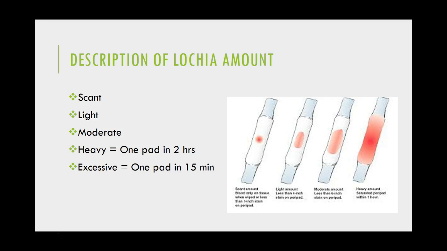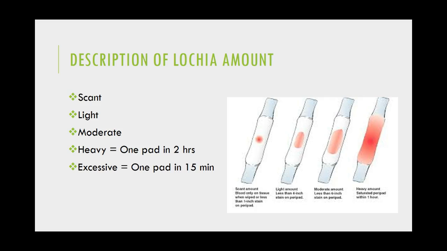We can describe lochia amount in a few different terms. It can either be scant, light, moderate, or heavy. So heavy would equal 1 pad in a 2 hour time frame. That means completely saturated from front to back.